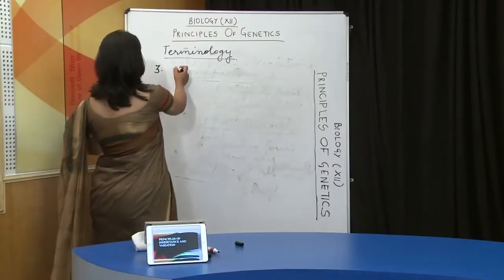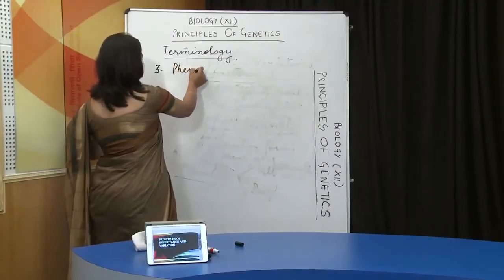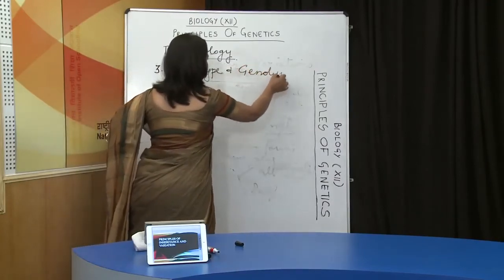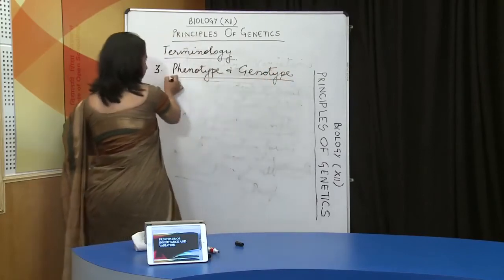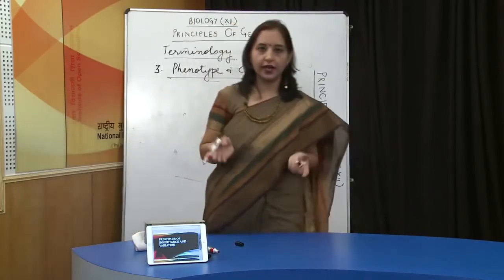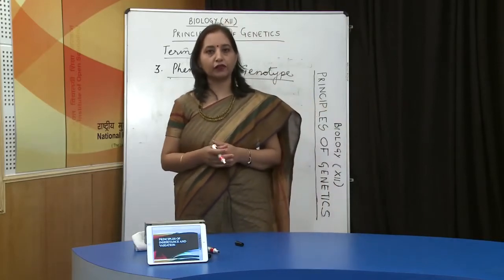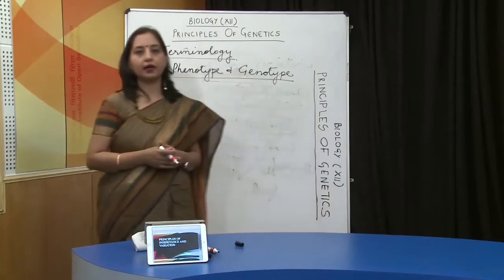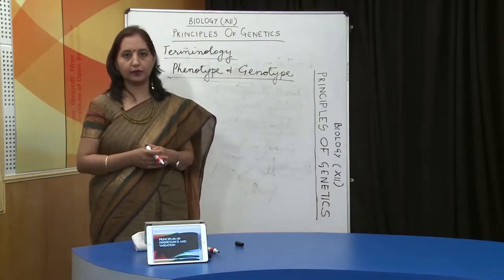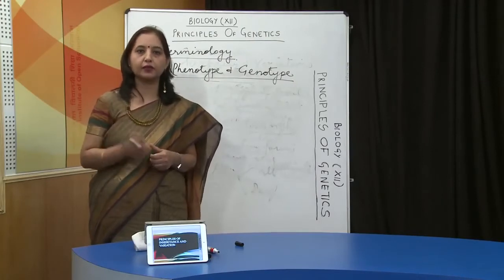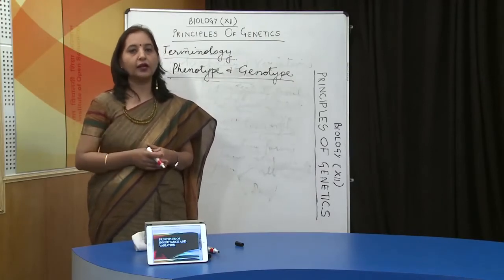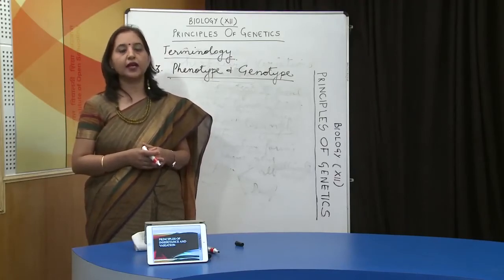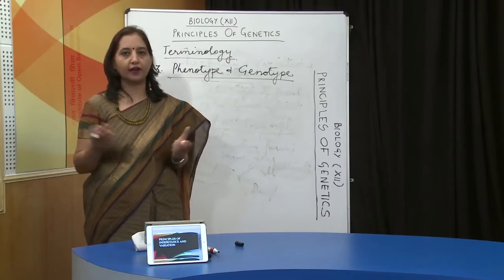The third term is phenotype and genotype. When we describe the external appearance of any organism, that's called as phenotype, whereas the genetic makeup of an organism is called as genotype. For example, if I ask you to describe a tree, you might say it's a very high plant, very long plant, and at the same time it has got many branches, green leaves, red flowers and so on.